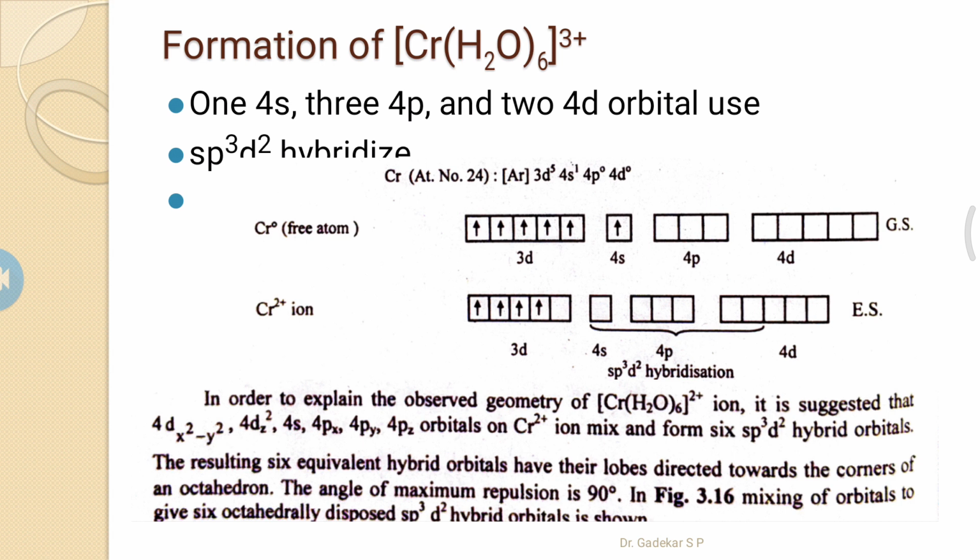These 6 equivalent hybrid orbitals have their lobes directed towards the corners of an octahedron, octahedral molecule formation. Okay, the angle of maximum repulsion, that is 90, is shown in the figure.